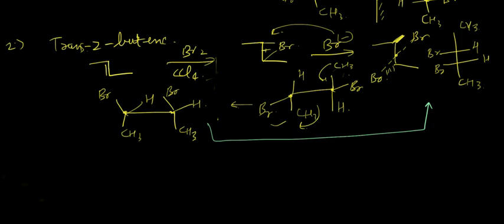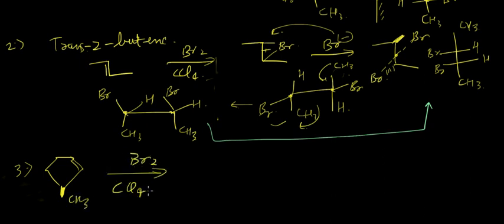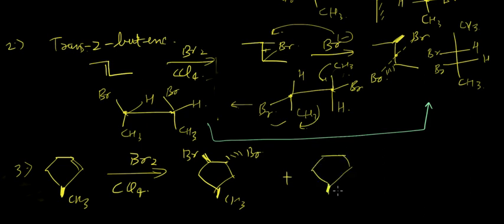Okay, so let's go on to the third example. Here we have this, and CH3 is already given above the plane. We reacted with Br2 in presence of CCl4, so we should get something like this: CH3 here, one Br above the plane, one Br below the plane, and similarly here we will be getting this Br below the plane and this Br above the plane.